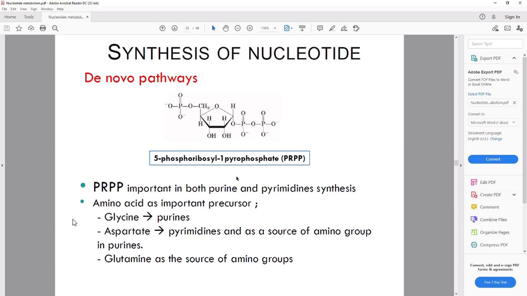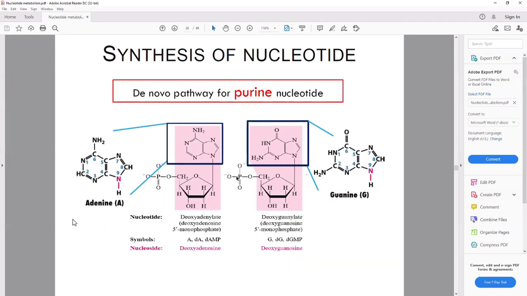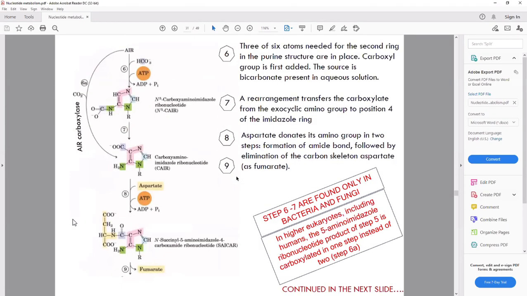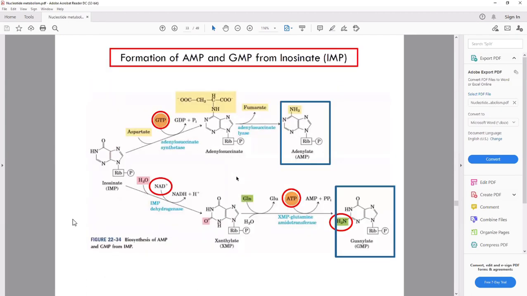Otherwise, for example in Lesch-Nyhan syndrome, when that enzyme is not functioning, the intermediate product is not going to be recycled, so there is excessive production of uric acid. We don't want that, the rise of uric acid concentration, because uric acid causes pain.